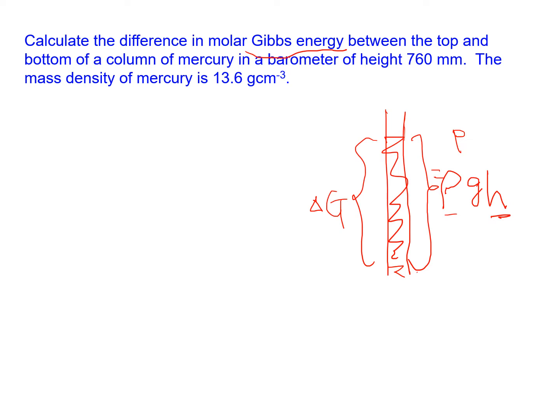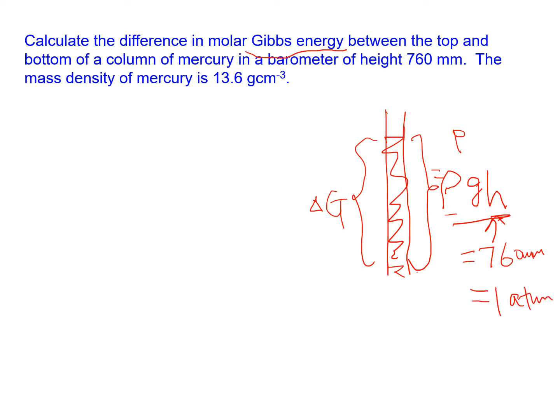In this case, the height is 760 millimeter mercury height. So 760 millimeter mercury height pressure equals 1 atmosphere.